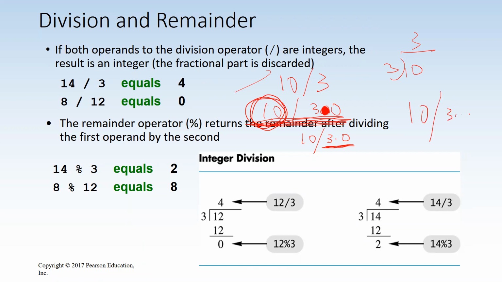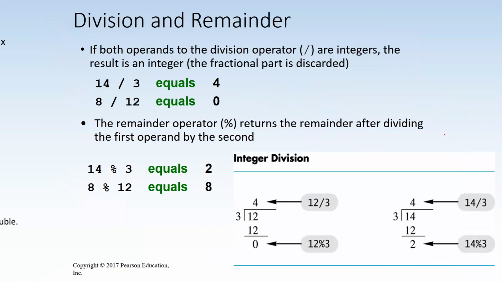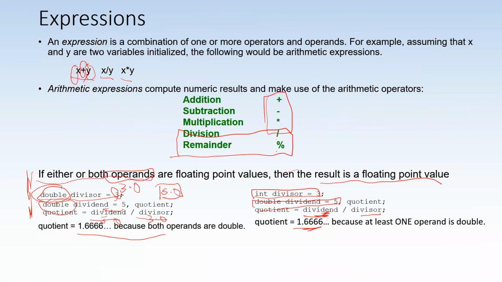So what is the value of this? Go back to your rules. 3.33333333. Yes, correct. 3.33 forever. Why? Because one of them is a double. Computer science is very logic-based.